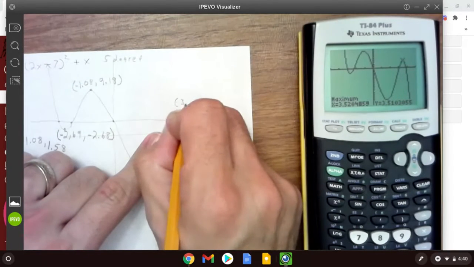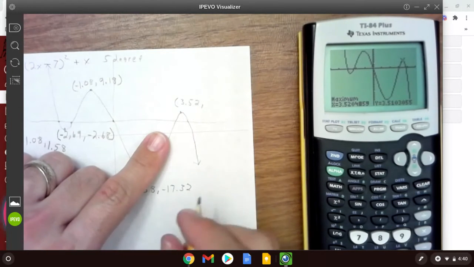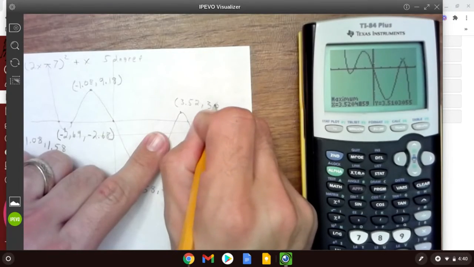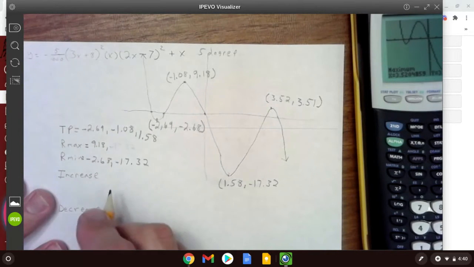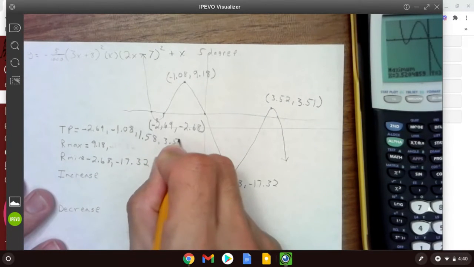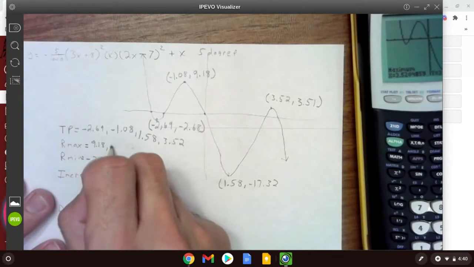But you can just use the buttons on the calculator if you like, the digits. 3.52 and 3.51. So my turning point is 3.52, and the 3.51 is a maximum.